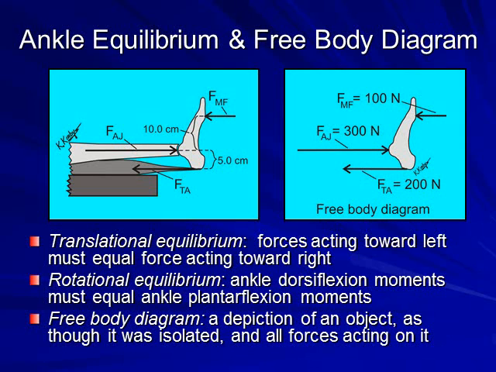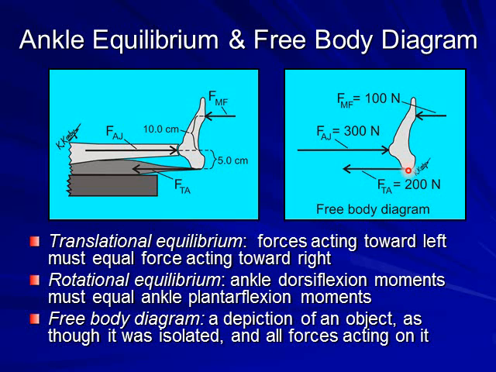In physics and in engineering, there's a technique that's commonly used, a modeling technique called a free body diagram. This is when we take an object and we depict it as a model as though it was isolated, but with all the forces acting on it. And these may be forces coming from the bottom of the foot, in this example of my foot. Here's my manual force from my forefoot.